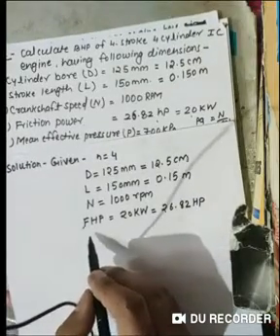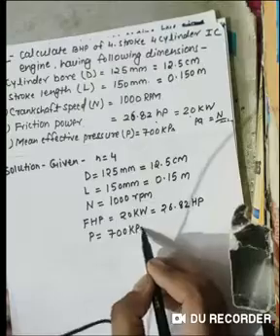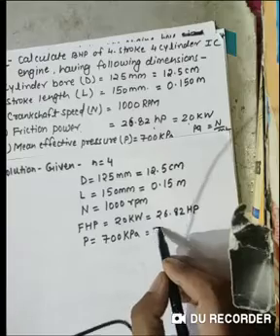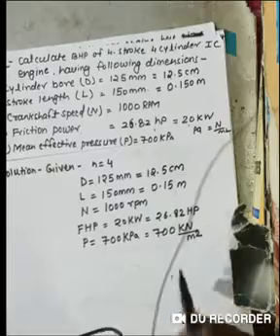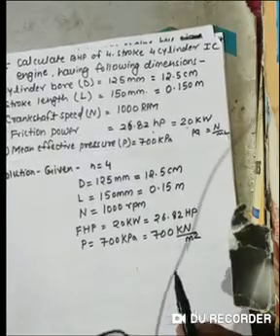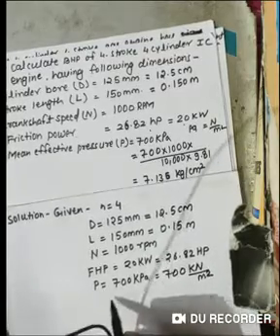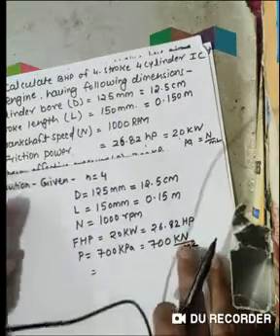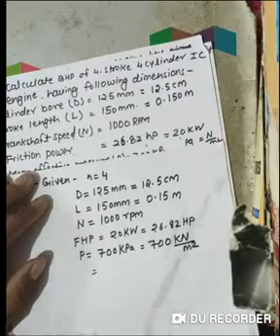Then fourth, mean effective pressure P is equal to 700 kilo Pascal. Pascal is equal to Newton per meter square, so that becomes 700 kilo Newton per meter square. But we need pressure in kg per meter square. To convert Newton into kg, 1 kg is equal to 9.81 Newton.